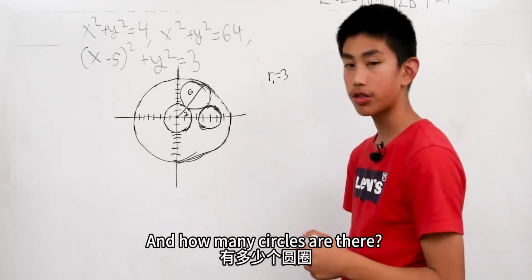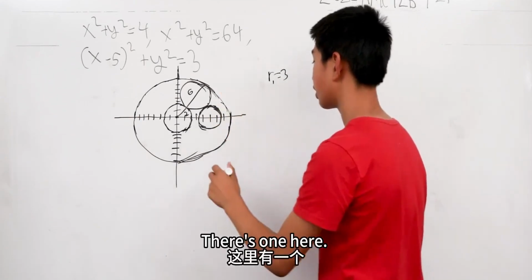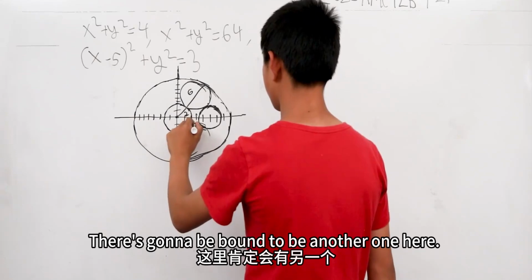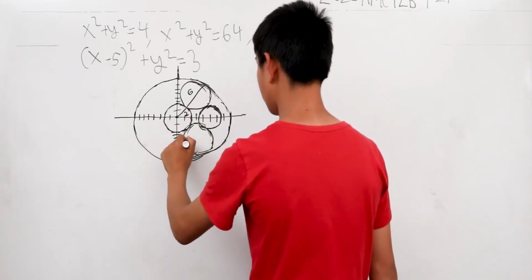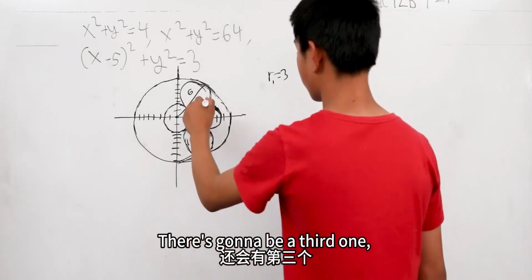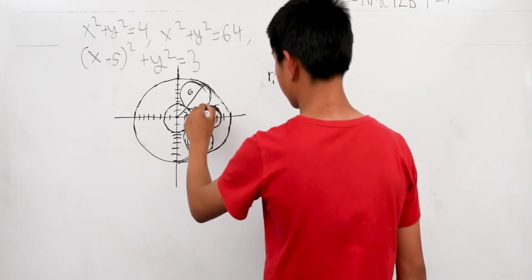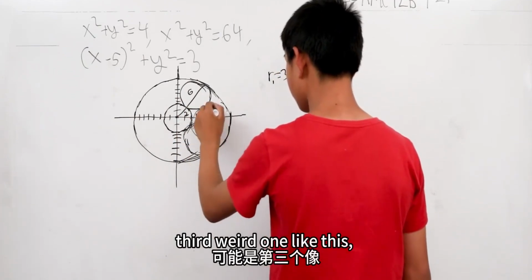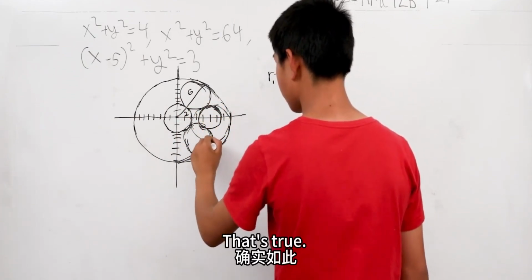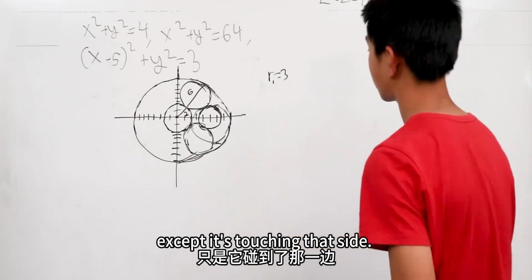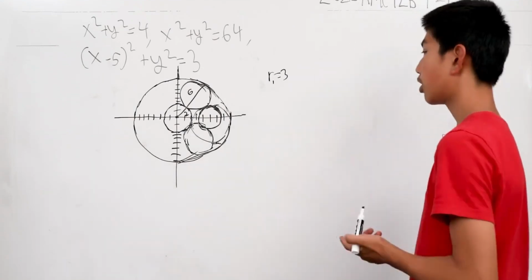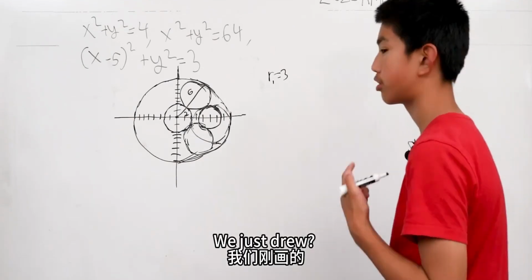And how many circles are there? Well, there's one here. There's bound to be another one here. There's going to be a third weird one like this, possibly. Yes, that's true. And then a fourth in that same manner, except it's touching that side. So, what is the area of that circle we just drew?